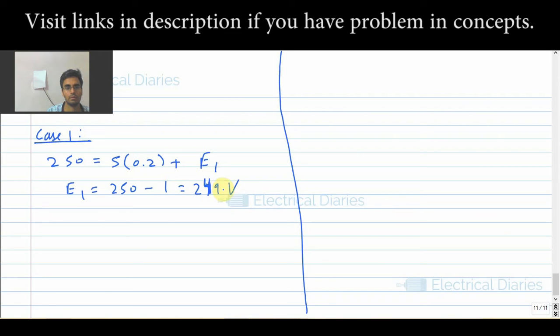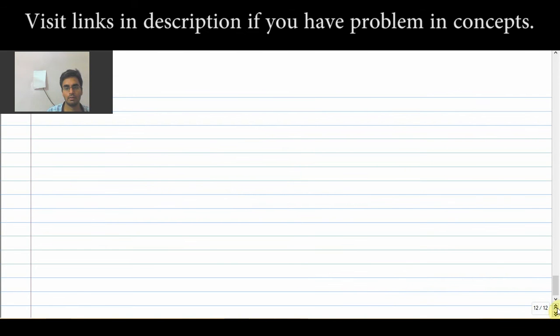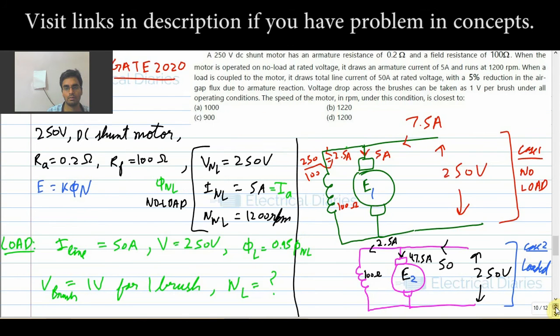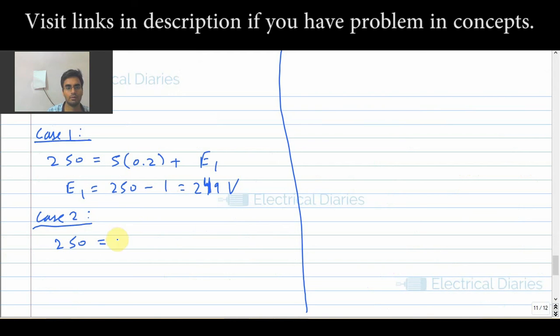Okay, similarly for case 2, 250 is equal to, what is the armature current? In case 2 it is 47.5 amps. 47.5 into 0.2 RA plus E2.